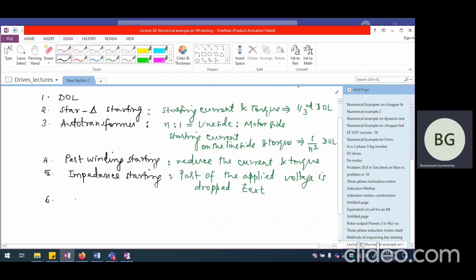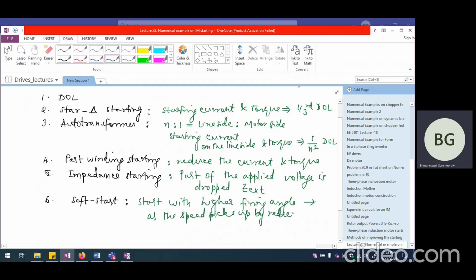Similar to this, we may be able to use a three-phase AC voltage controller, which is generally known as soft start. In this case, we will start with a higher firing angle, alpha, and that will apply a lower voltage.